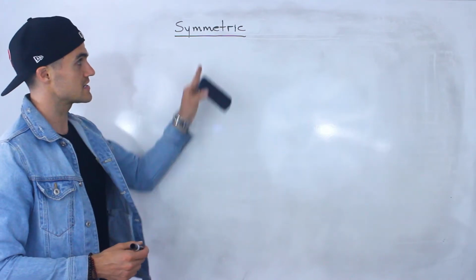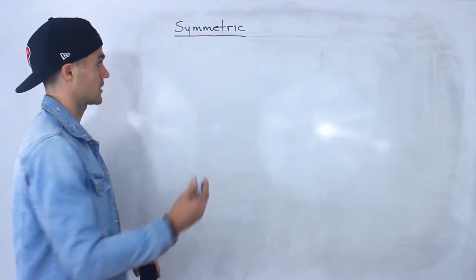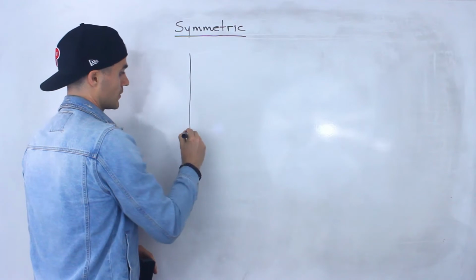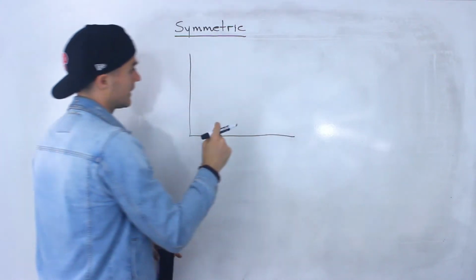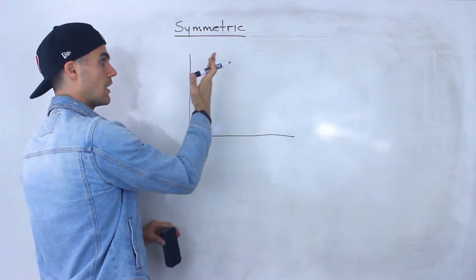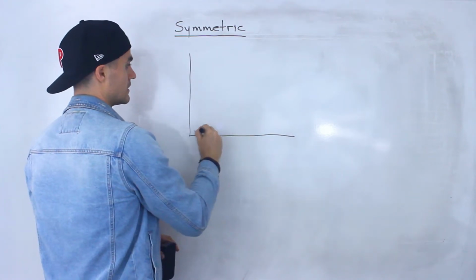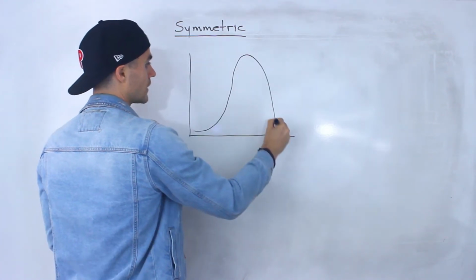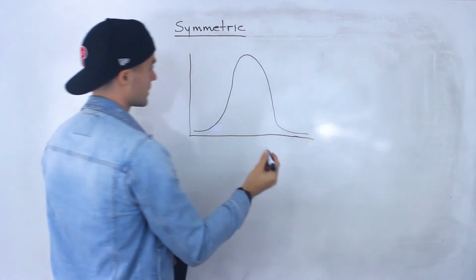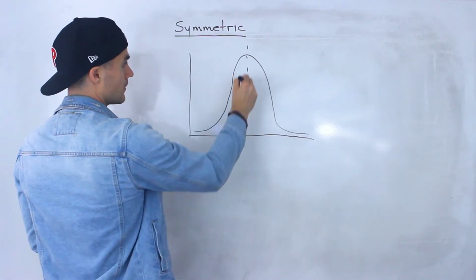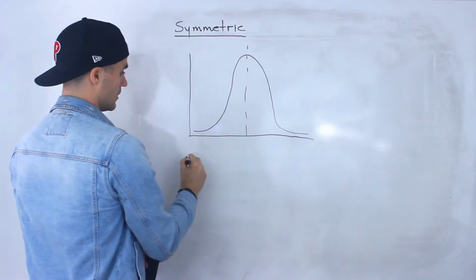And then the final case is if a distribution is symmetric. And the way that's going to look is that that peak is not going to be on the left side or the right side. It's actually going to be right in the middle. Let's try to make this symmetric here. So notice that that peak is right in the middle.